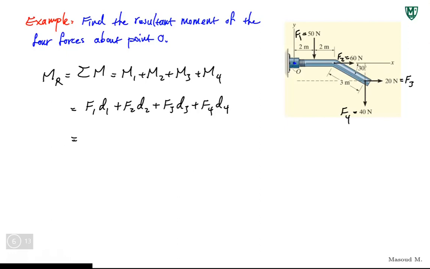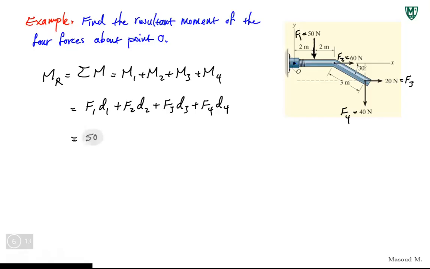We're finding the moment of F1, this vector here, about O. 50 newtons and 2 meters. 50 newtons, exactly, that's the magnitude of the force.